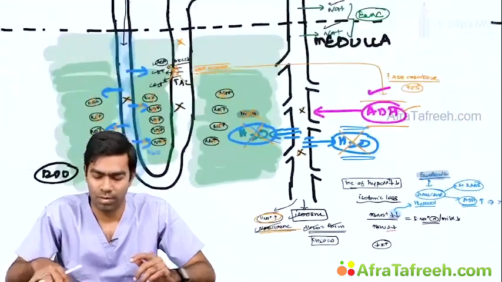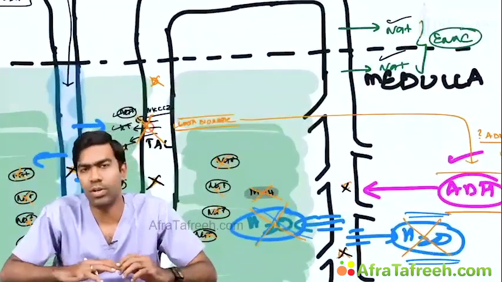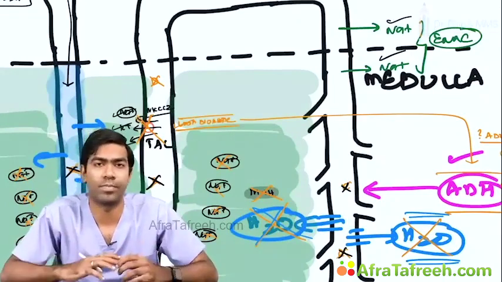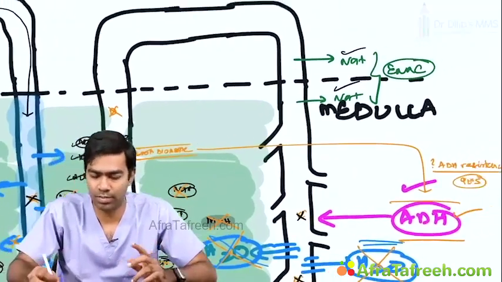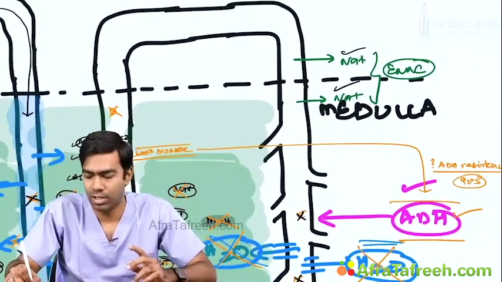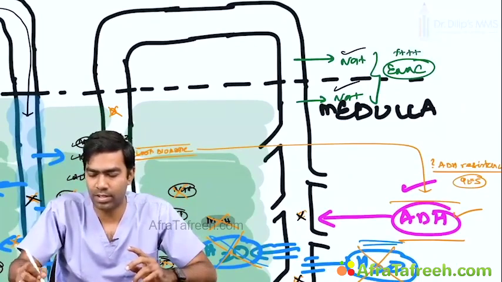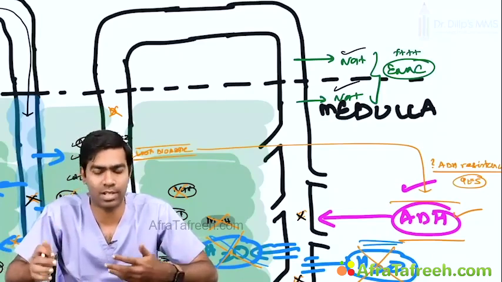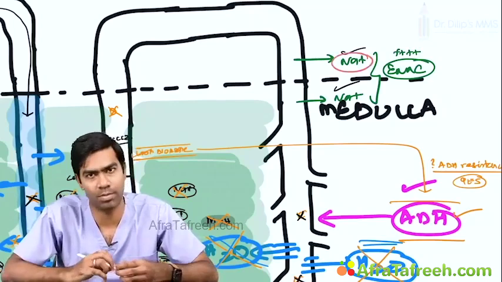How? Remember, there are two reasons why loop diuretics produce hypokalemia compared to other diuretic agents. The reason is, one, because of significant RAS activation, the ENaC sodium channels will be activated. We'll be discussing this in detail. Whenever these epithelial sodium channels are activated, they cause sodium reabsorption.